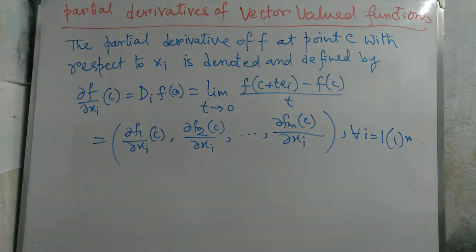Then we also discuss partial derivative of a vector valued function. That means ∂f/∂xi at c equals the limit as t tends to 0 of (f(c + t·ei) − f(c))/t, which equals (∂f1/∂xi (c), ∂f2/∂xi (c), ..., ∂fm/∂xi (c)) for all i equal to 1 to n.